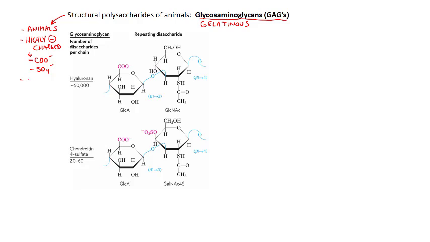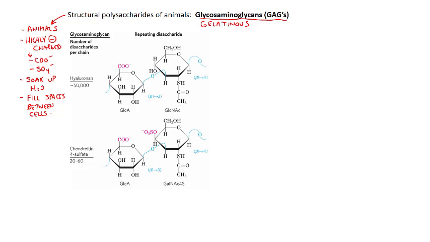Okay? They tend to soak up large amounts of water because of that negative charge. And what they primarily do is they fill in the spaces between cells. And beyond that, they're diverse.